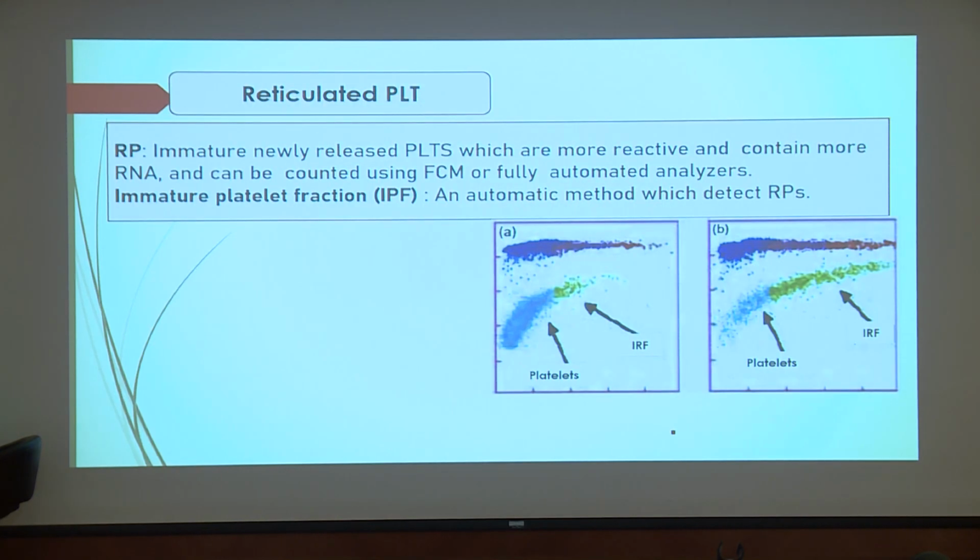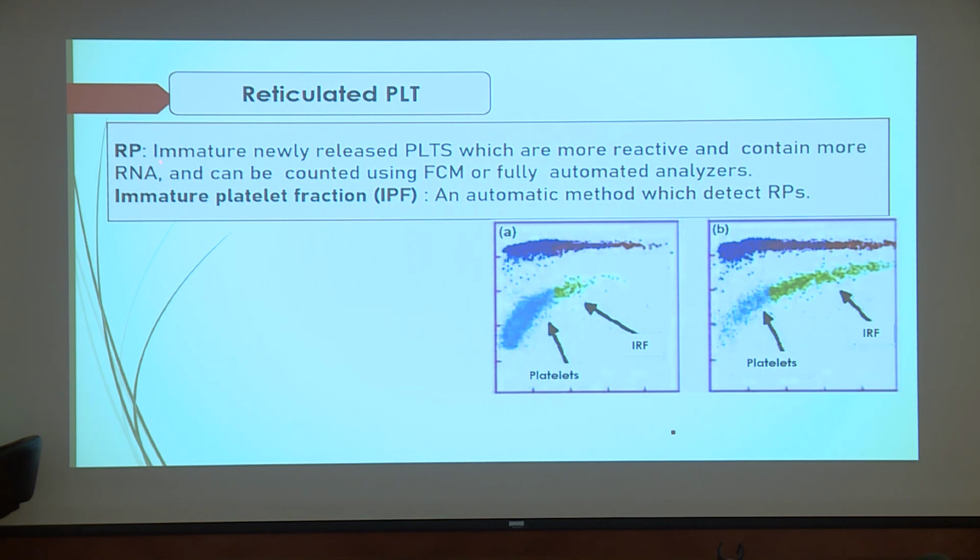Okay, reticulated platelets. You can see here a normal patient. This is the platelet, and this is the immature platelet, the reticulated platelet. But in an ITP patient, if there is severe thrombocytopenia, the IRF is high.